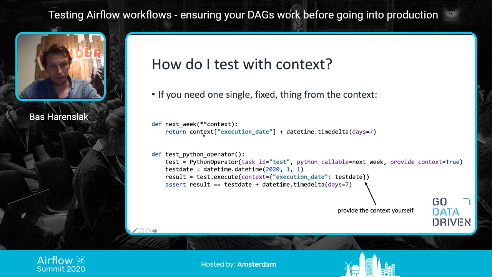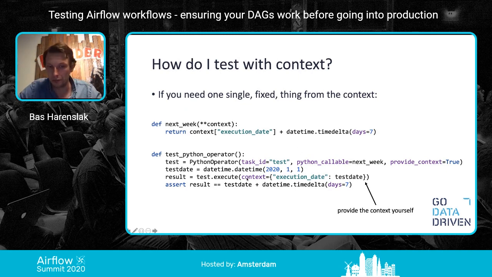The function takes the context, pulls out the execution date from the context, and then adds 7 days, or also known as 1 week, and returns that value. So we can assert, does the result really equal the date in 7 days?